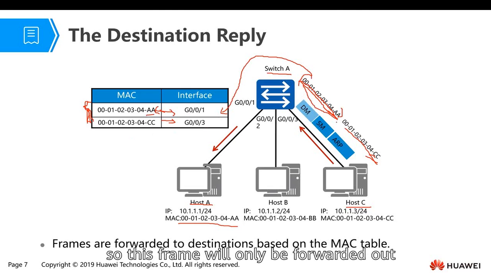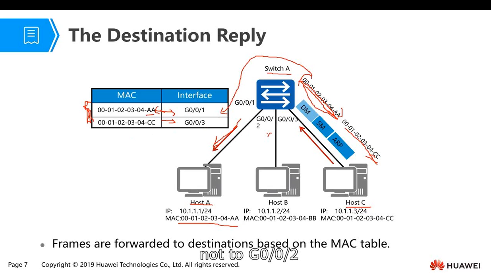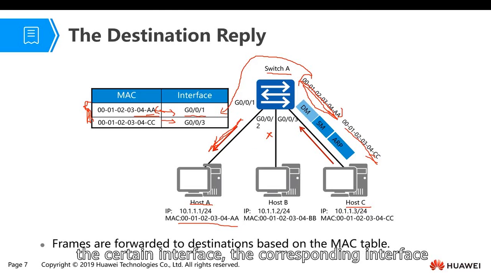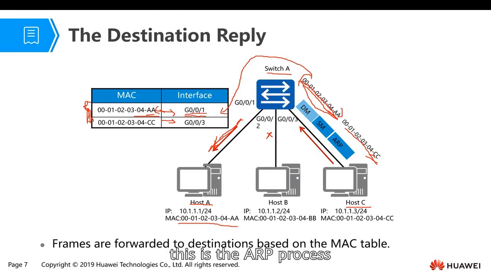So this frame is only forwarded out of this interface, not out of gigabit 002. This is different from the broadcast. The broadcast is flooded out of all the other interfaces, but for a unicast the switch finds the destination in the MAC address table and only forwards it out of the corresponding interface. This is the ARP process.